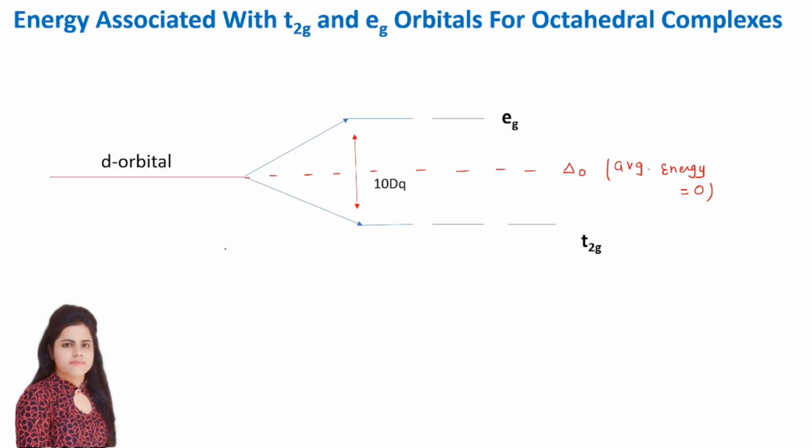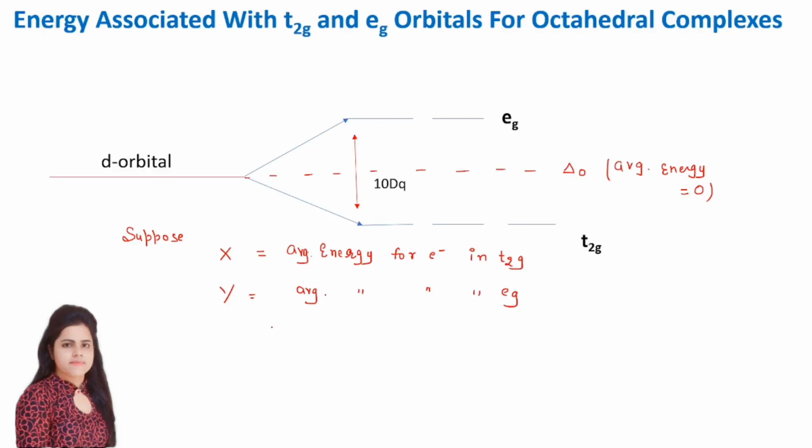The very first thing is we have to suppose x will be the average energy for an electron present in the t2g orbital, and y will be the average energy for an electron in the eg orbital. These are the average energies for the t2g orbital and the eg orbital.